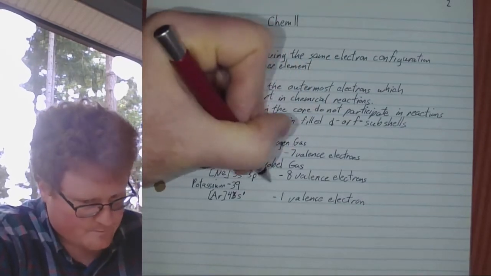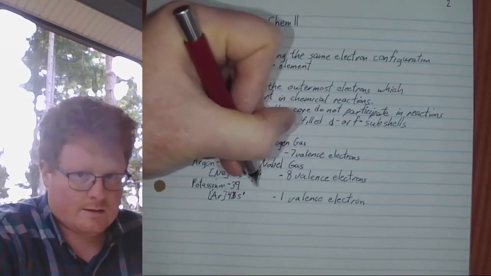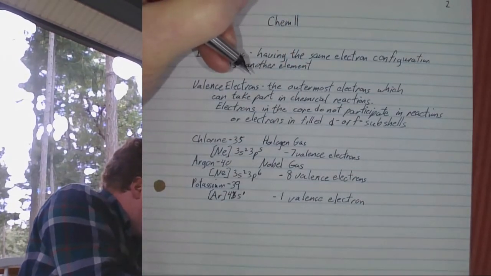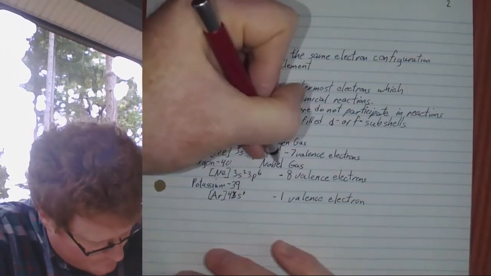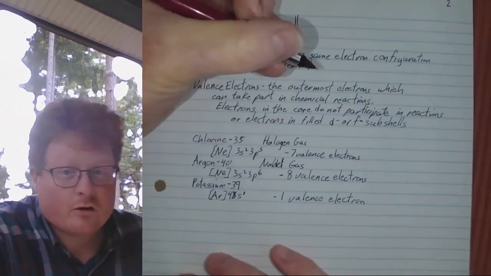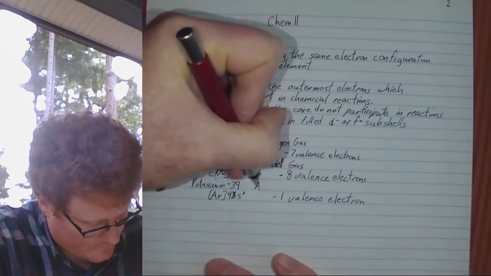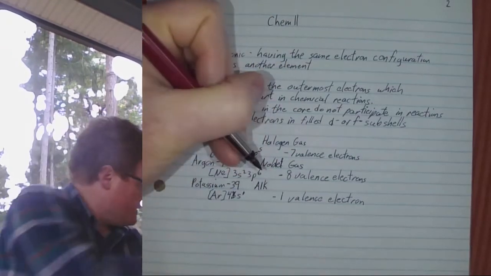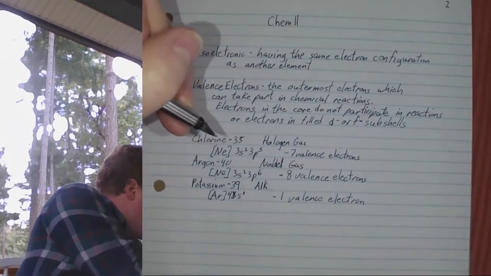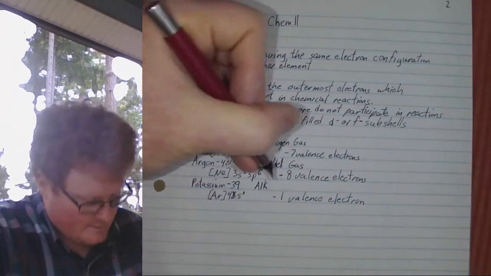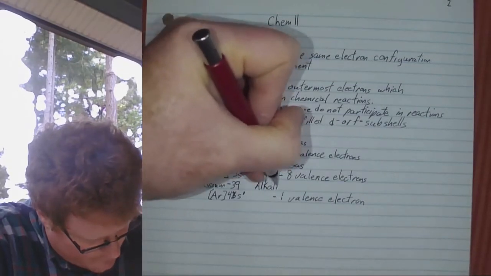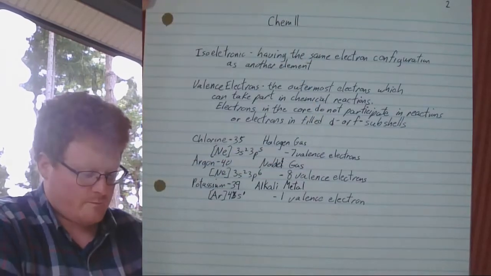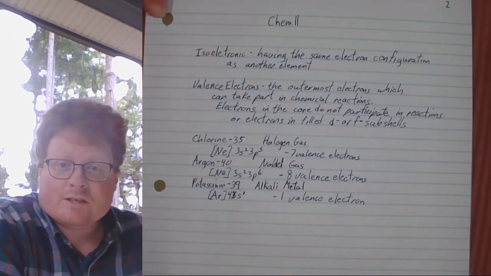And potassium is an alkali metal. I need to double check that spelling. Alkali. Right. These are 3 representations.